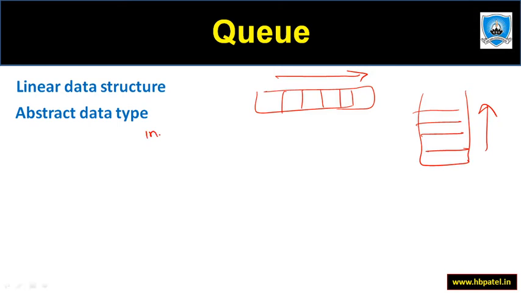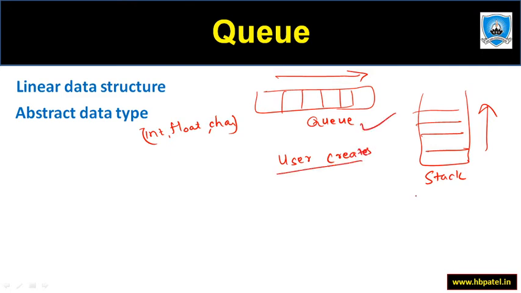Integer, float, character are primitive data types, whereas queue and stack are abstract data types, because these are not readily available. Users create them, and that's why they call it an abstract data type. So queue is an abstract data type, and stack is an abstract data type.